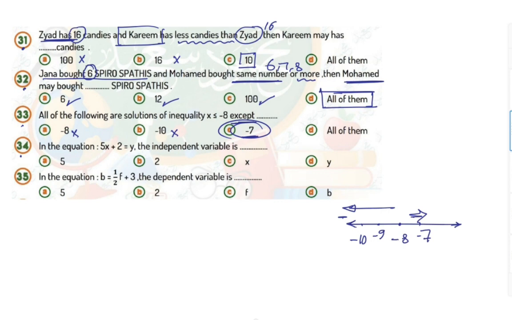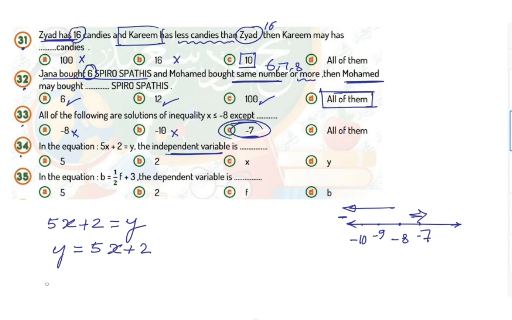Point 34. The equation 5x plus 2 equals y. What's the independent variable? What are independent and dependent? He wrote it as 5x plus 2 equals y. Can you write it like y equals 5x plus 2? Is this correct? Yes, I just changed the left side and right side.